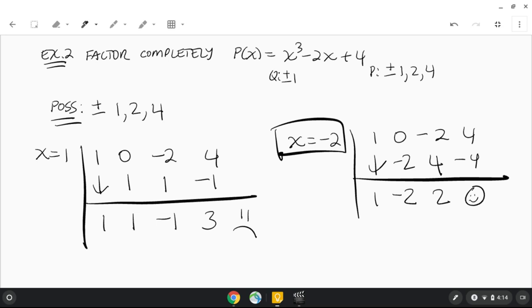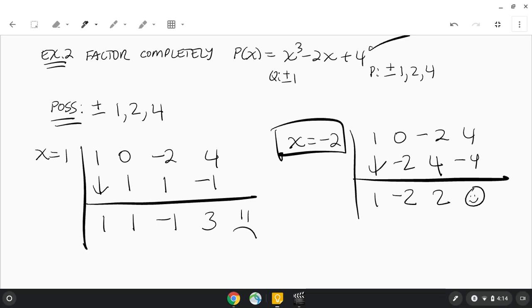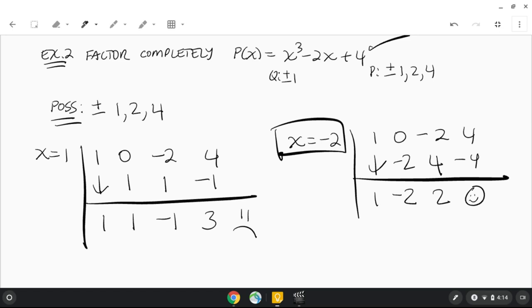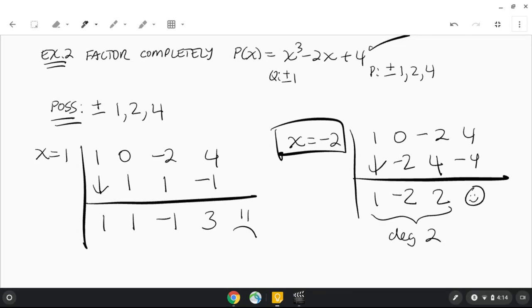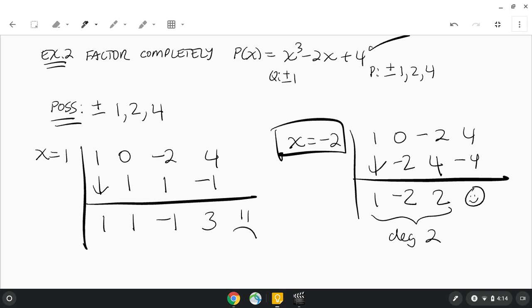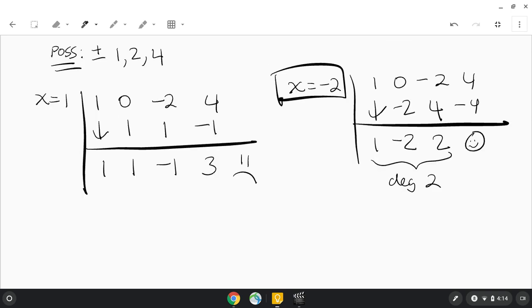The original problem was degree 3, so that would make this one here a degree 2 polynomial. So this is x squared minus 2x plus 2.